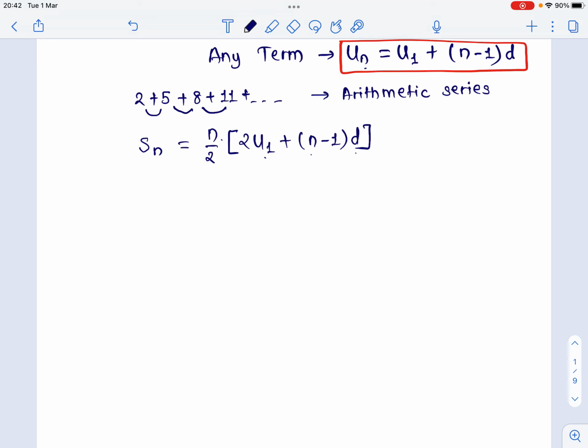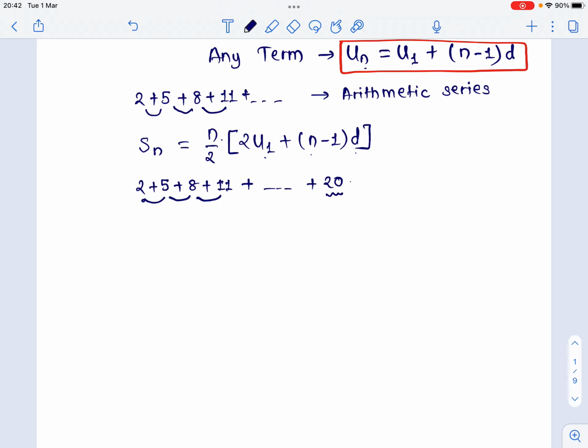There is another formula for that purpose. Say your series is 2 plus 5 plus 8 plus 11 plus 14 plus 17 plus 20. I want to find the sum of all these terms, but I'm not giving you the middle terms. In this case, you know your first term is u1, your difference is constant, which is 3, and you know your last term is 20.